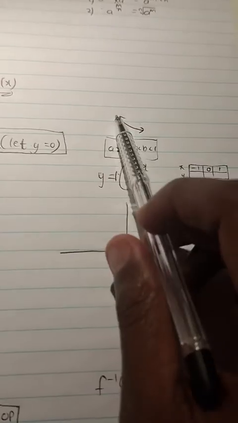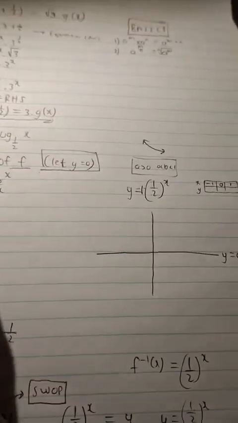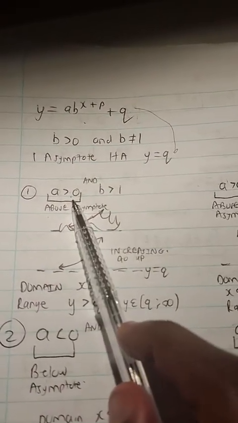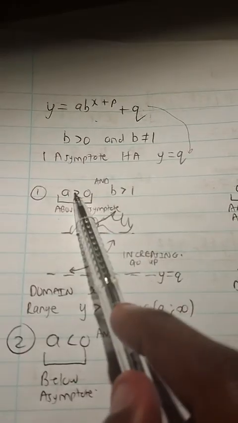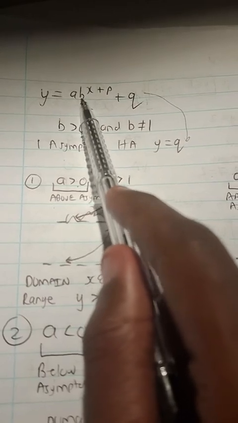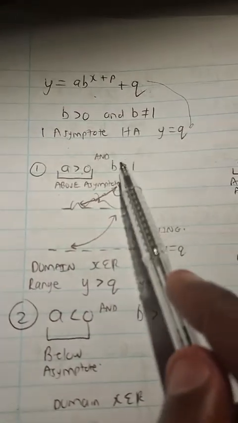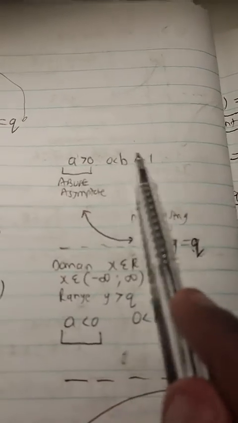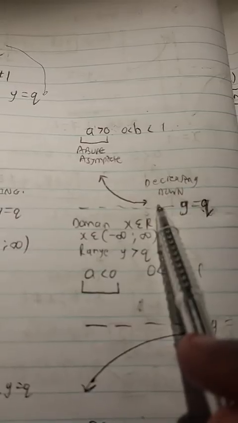I am expecting something like this, because from my conceptual knowledge of the types of functions, when a is greater than 0 and b, the base of the variable x, is greater than 1, it's an increasing function. When a is greater than 0 and b is between 0 and 1, then it's a decreasing function like this.